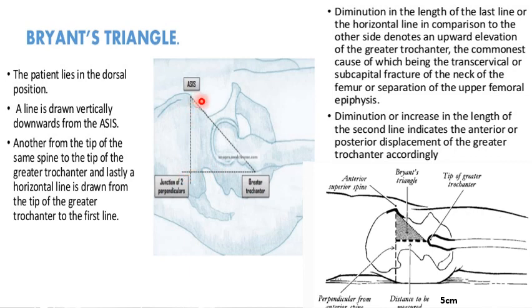So this forms Bryant's triangle. When there is diminution of the horizontal line when compared to the other side, that denotes the fracture of neck of the femur. When diminution of the line that is joining anterior superior iliac spine to the greater trochanter is seen, that indicates the anterior or the posterior dislocation of the hip joint.